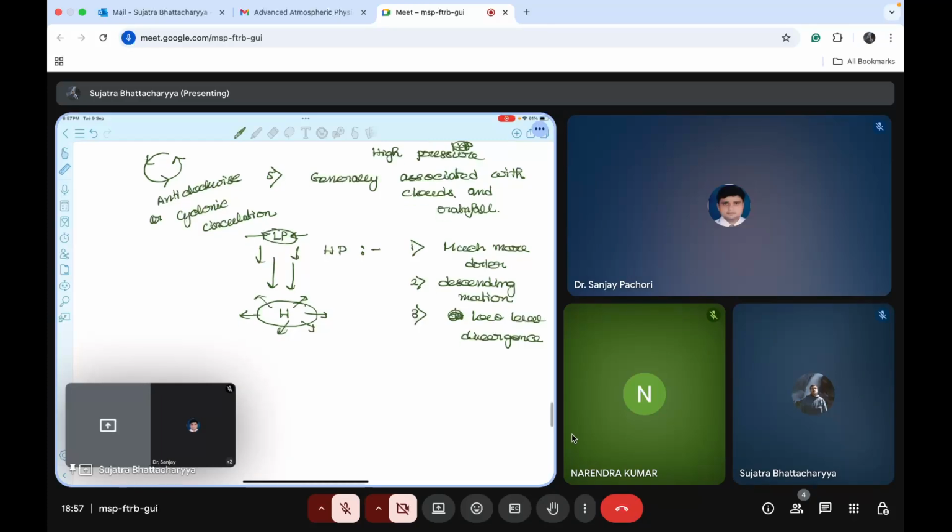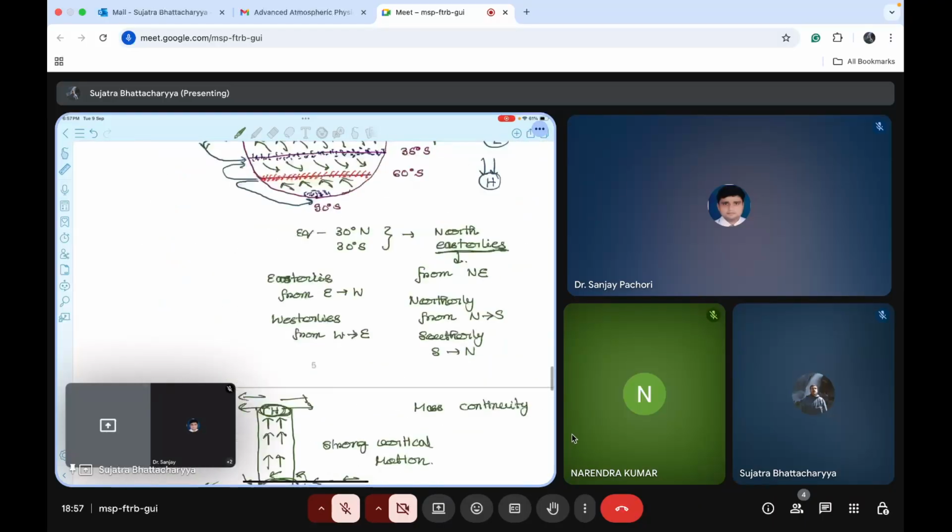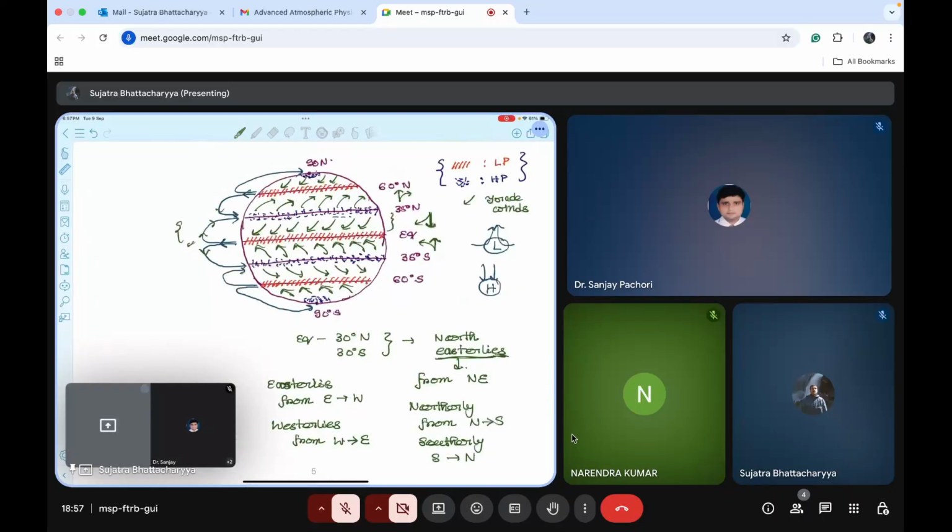That's all. That's why if you just look into your atlas or maps, you will find that these 30, 35 degrees north, these are the regions where we typically get deserts, both in the southern hemisphere, like in Australia, we have deserts. We have our Indian desert, Thar in Rajasthan.